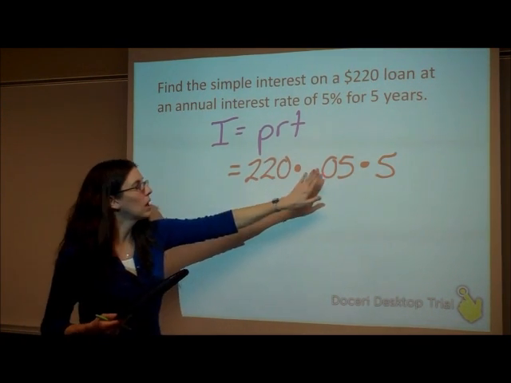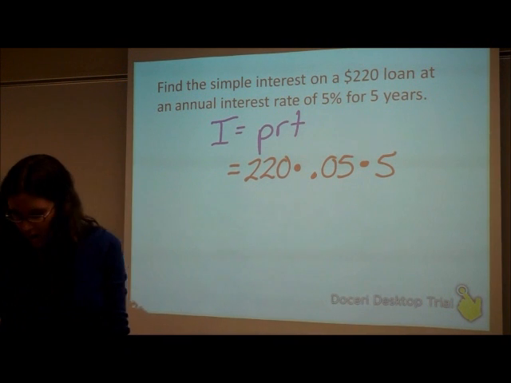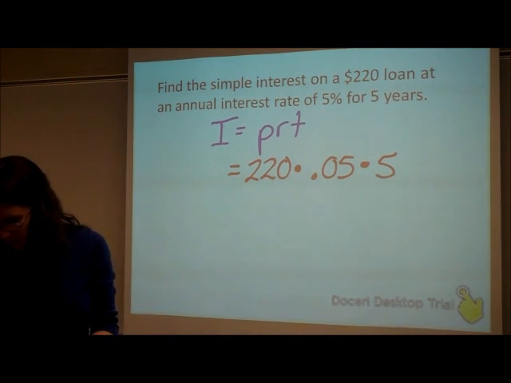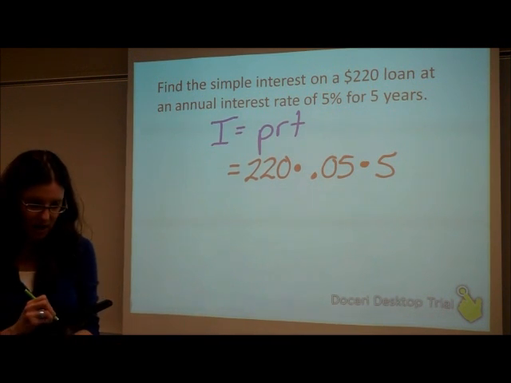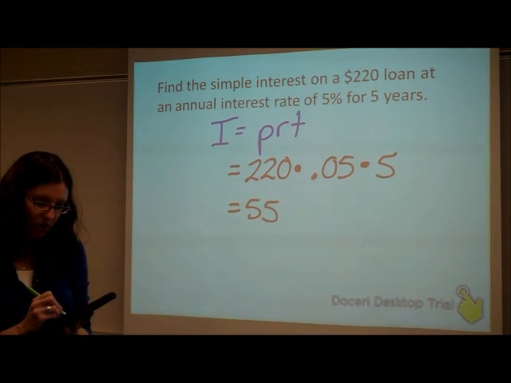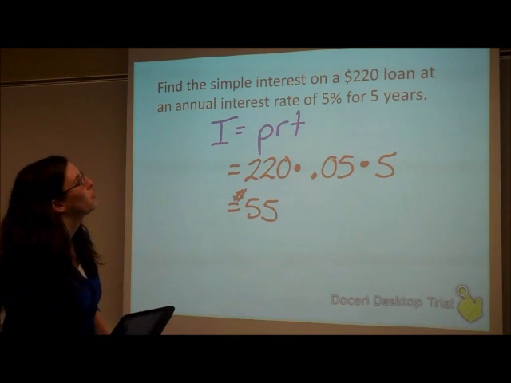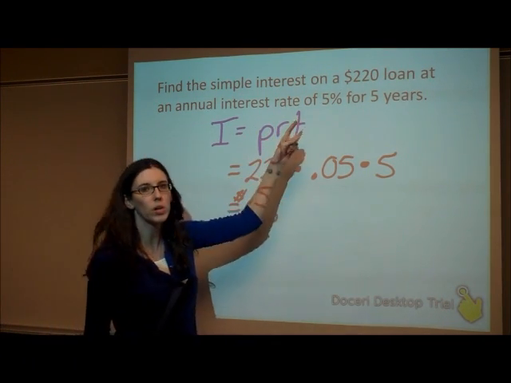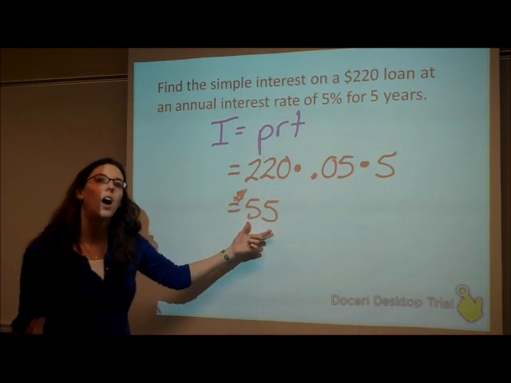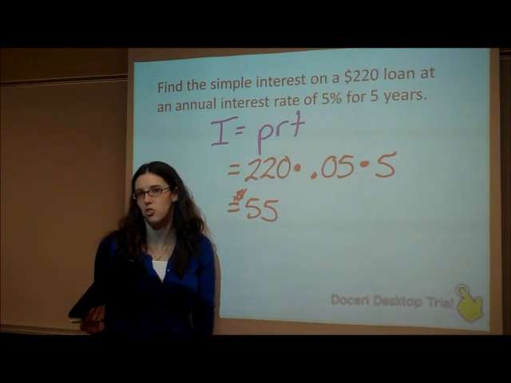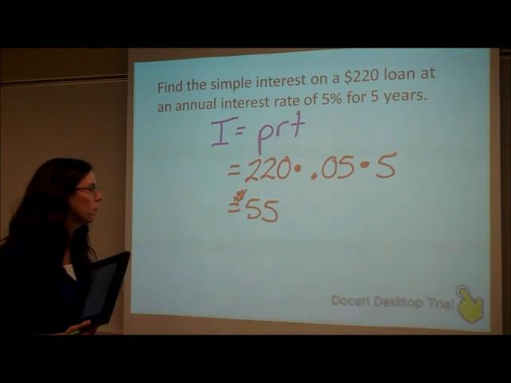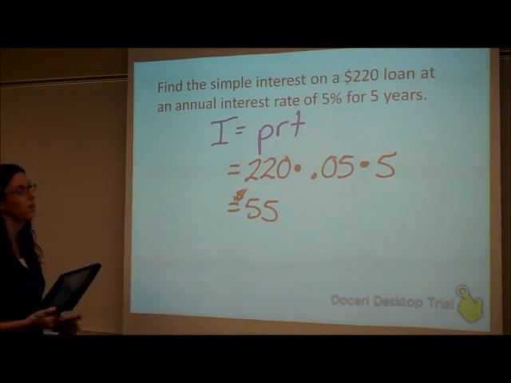So principal times rate times time. Then I just multiply all those together. And I get $55. So for the bank letting me borrow $220 over 5 years, I'll have to pay them $55 extra just so I can borrow their money. Okay?